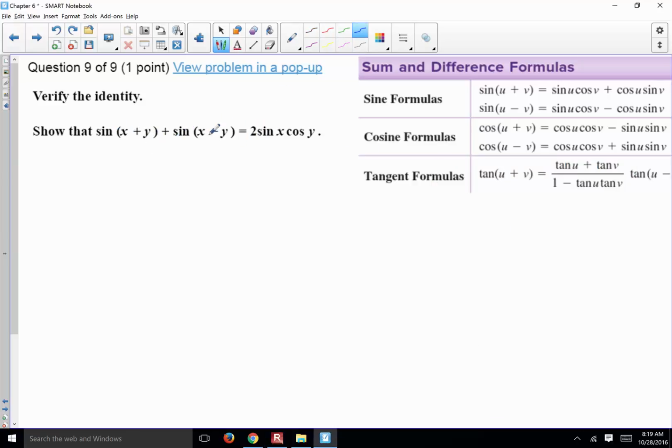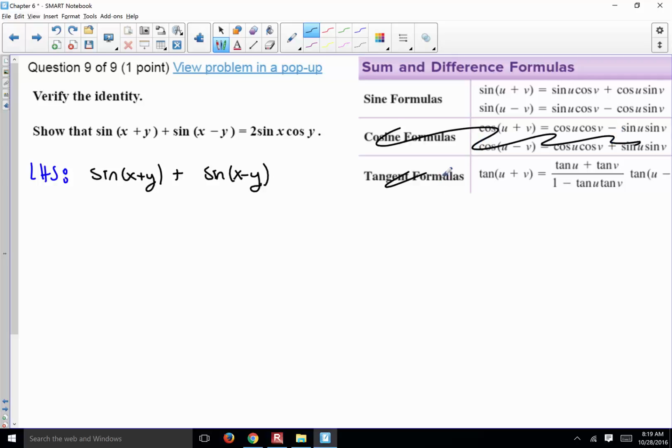Of course the left, the side with the pluses and minuses is on the left. Left hand side is what we start with. Sin of x plus y, and then sin of x minus y. So which formulas are we going to use here? Yep, sine formulas, the top and bottom. You just copy this and that with x and y instead of u and v.